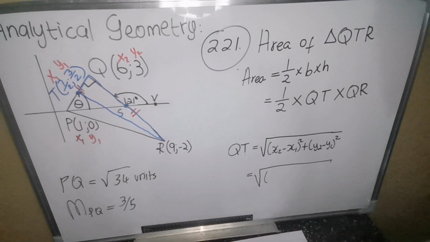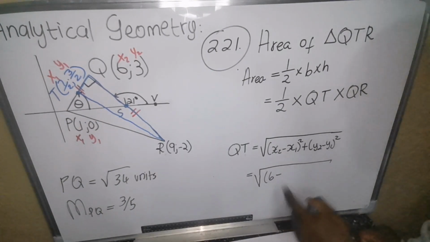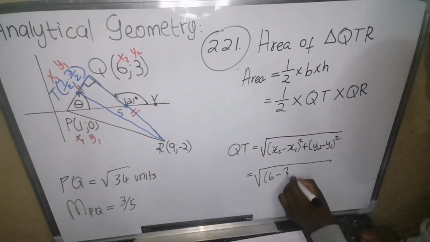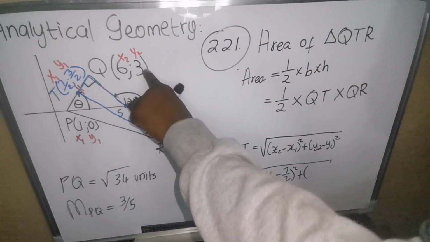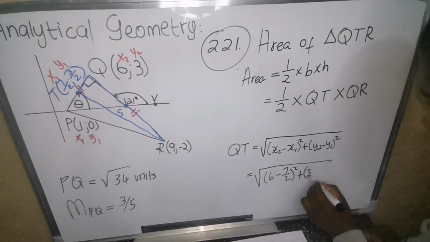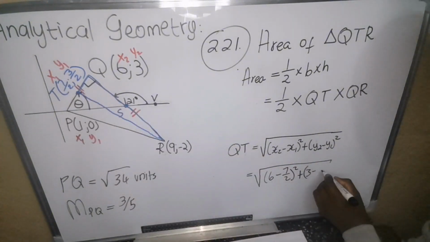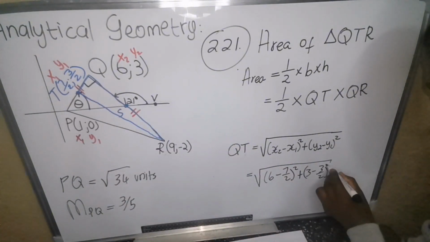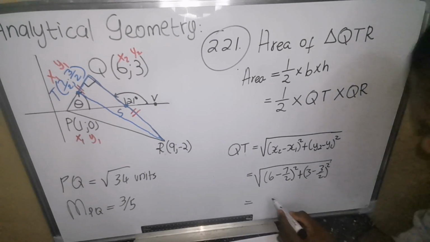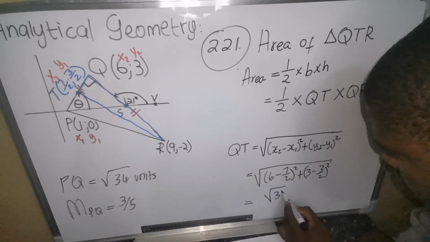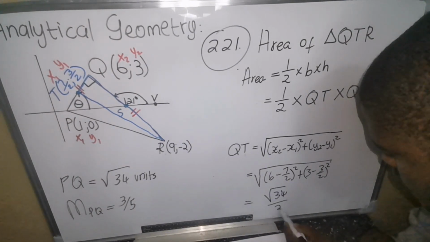So x2 is 6, 6 minus x1 is 7 over 2, squared, plus y2 is 3, 3 minus y1 is 3 over 2, squared. Then you put that on the calculator. The length of QT is going to be the square root of 34 over 2.